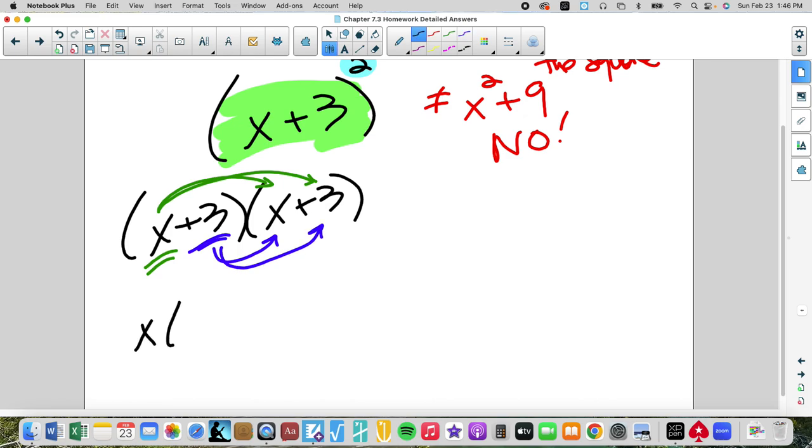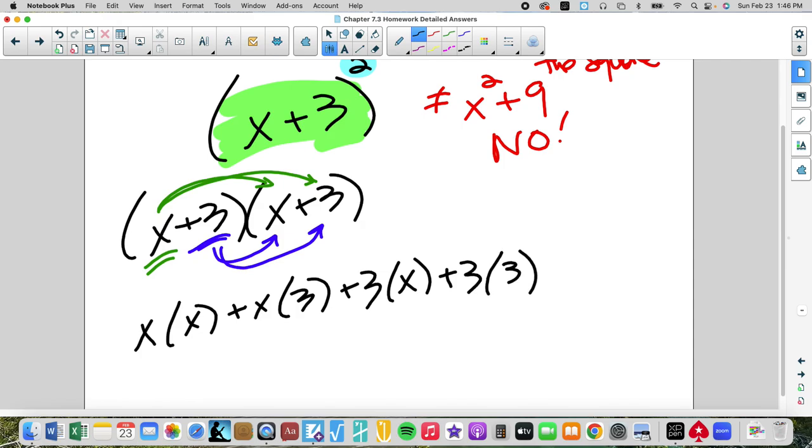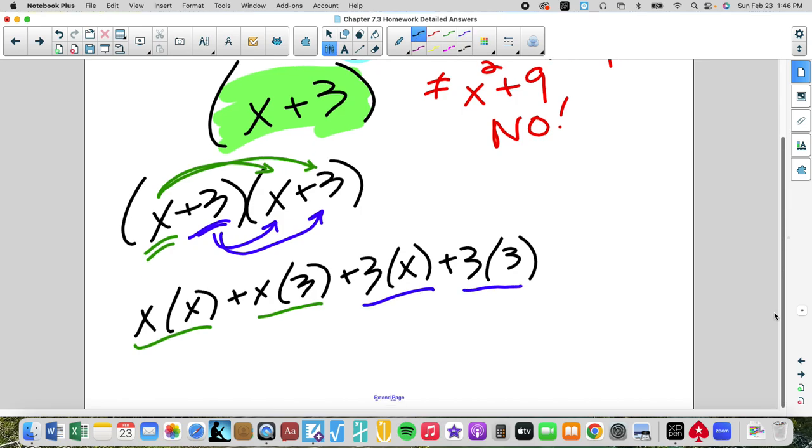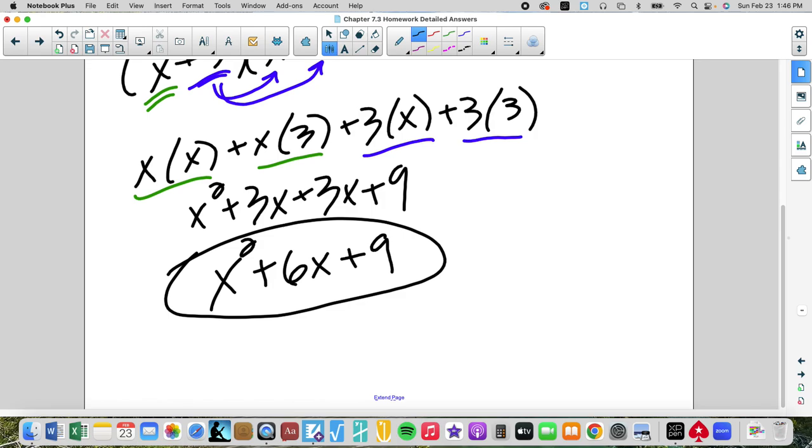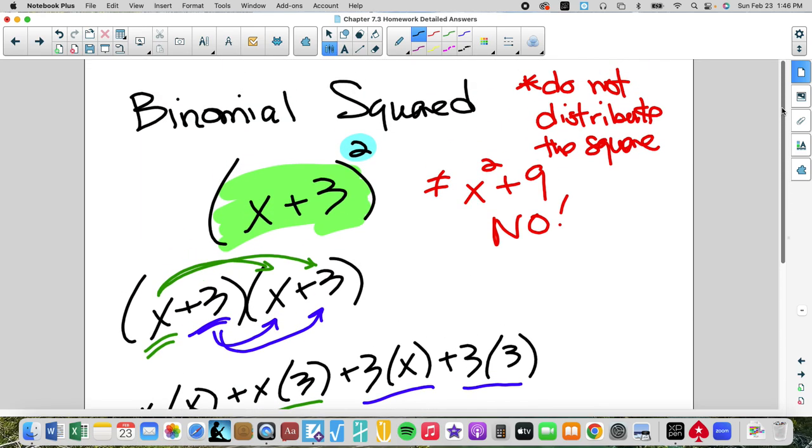So we have x times x plus x times 3 plus 3 times x plus 3 times 3. This is the green part. This is the blue part. And if we simplify it now, we get x squared plus 3x plus 3x plus 9. And my correct answer is x squared plus 6x plus 9.